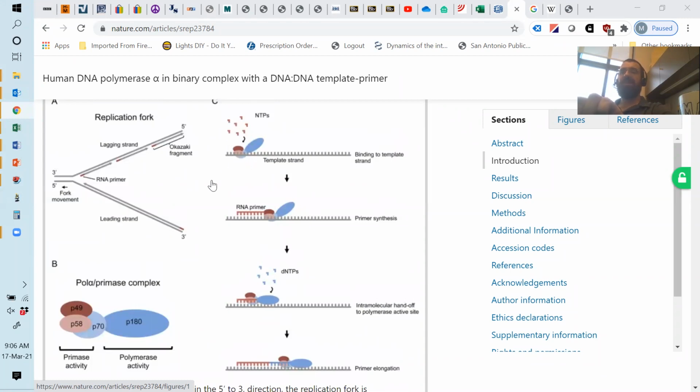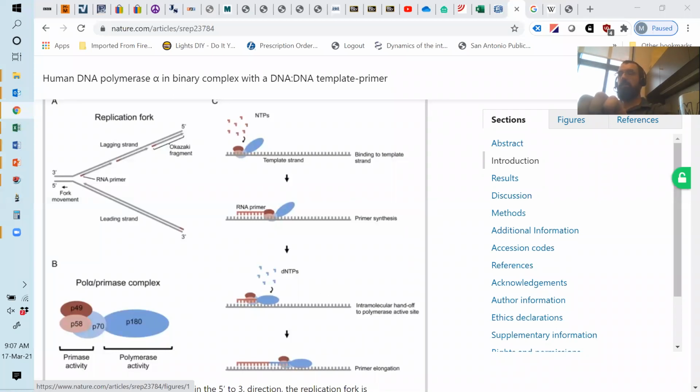So at the very beginning, this part of the protein makes RNA, and then once that RNA primer has been synthesized, these 3 bits don't do anything more, and essentially the synthesis is taken over by this subunit, which then uses DNA nucleotides, pardon me, to synthesize a short stretch of DNA.